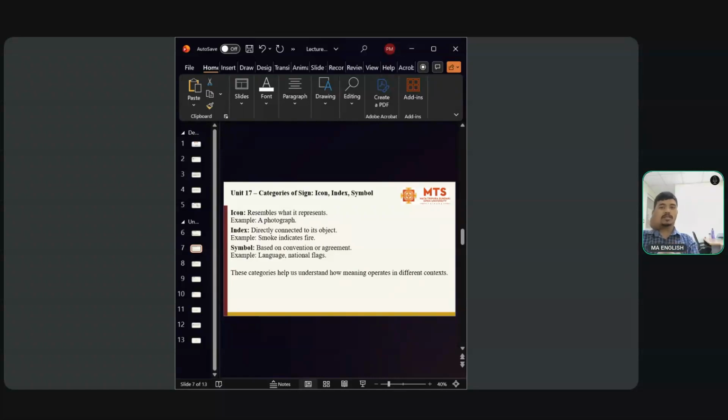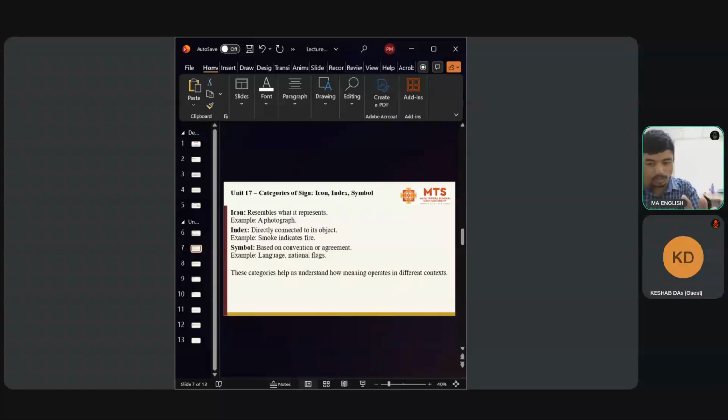Language itself, as Saussure showed us, is symbolic. National flags are also symbolic. There is nothing naturally Indian about the tricolor. It is meaningful because we, as a society, have agreed that it represents India. That's why it becomes meaningful.